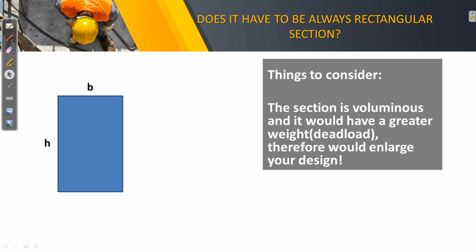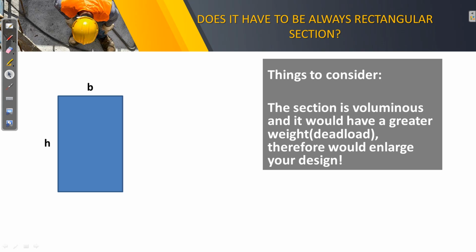Especially so that the steel section or shapes will have a larger unit weight. And of course, it will affect really your design. So the effect is it would enlarge your design. It may require large dimensions because of the heavy weight of your self structural element. So the section is voluminous and it would have a greater weight.